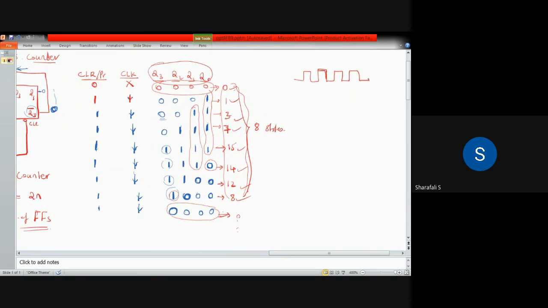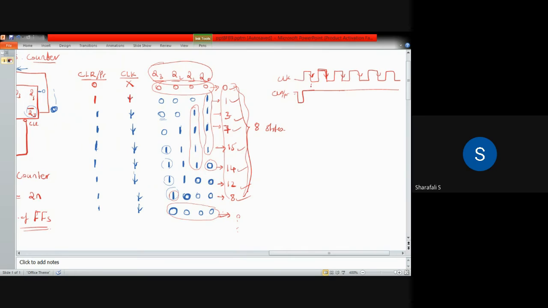So we have this clock pulse like this, and before that we have the clear. The clear will be 0 somewhere here, and after that there is no clearing. This is your clear or preset option, and this is your clock.